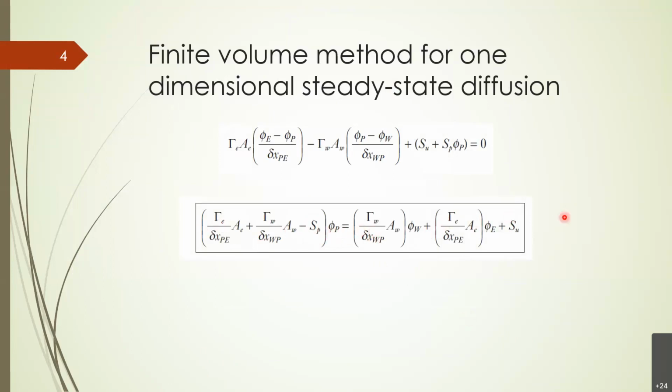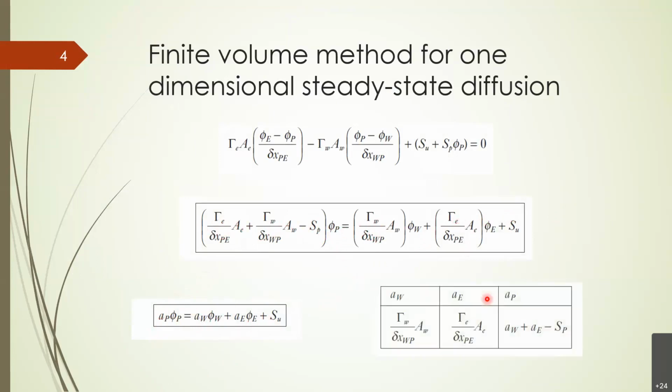To make it shorter, we represent the whole thing inside this bracket as AP, inside this bracket as AW, and inside this bracket as AE. So at the end it is going to be like this. AP is equal to AW plus AE minus SP. It will be like this, but this is the short form. Also AE is going to be this one, and AW is going to be this one.